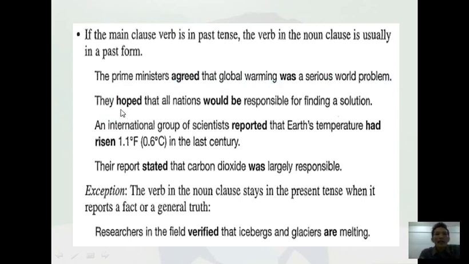And here, they hoped, it is independent, that all nations would be responsible for finding a solution. It is categorized as a noun clause. It must be simple past, and also it must be simple past.